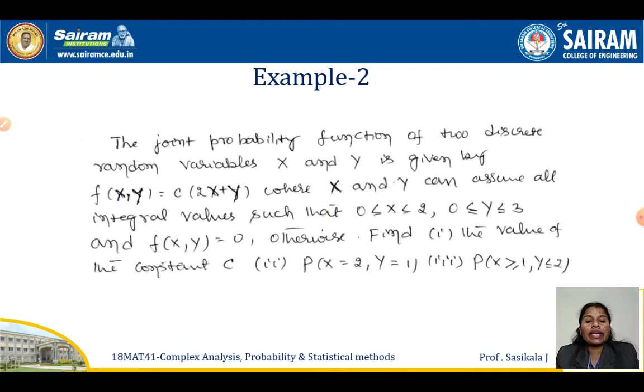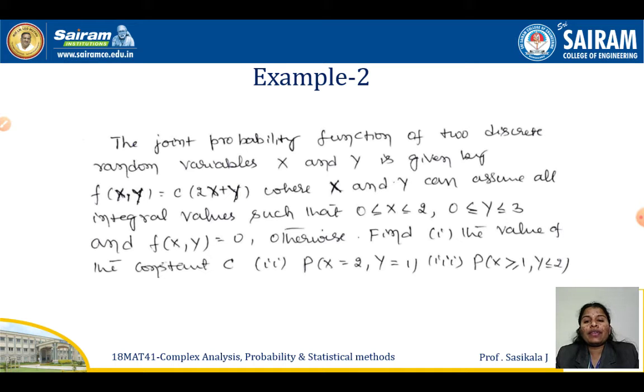Find the value of the constant c. Second, at x equal to 2, y equal to 1, what is the probability? And the next one, x greater than or equal to 1, y less than or equal to 2, what is the probability? That was the question, right?